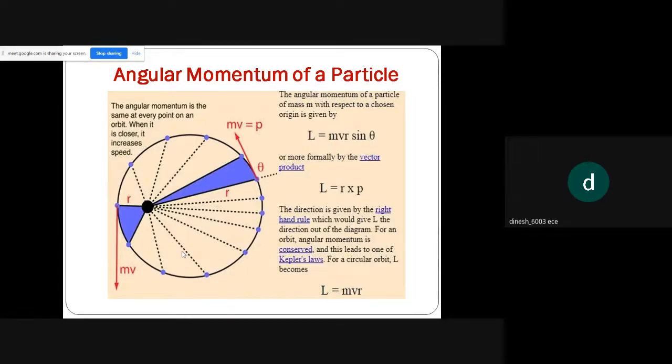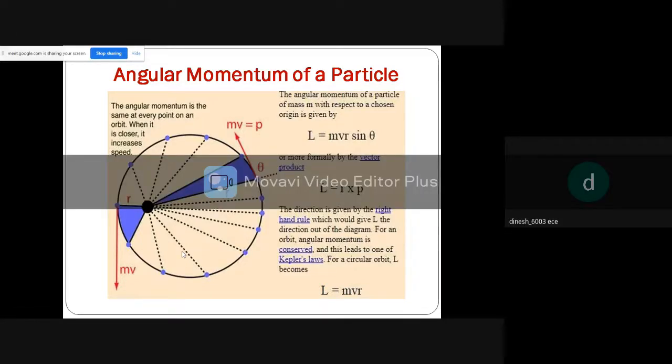Then we can find the vector product of it as L is equal to r cross p, where p is equal to mv, mass into velocity.